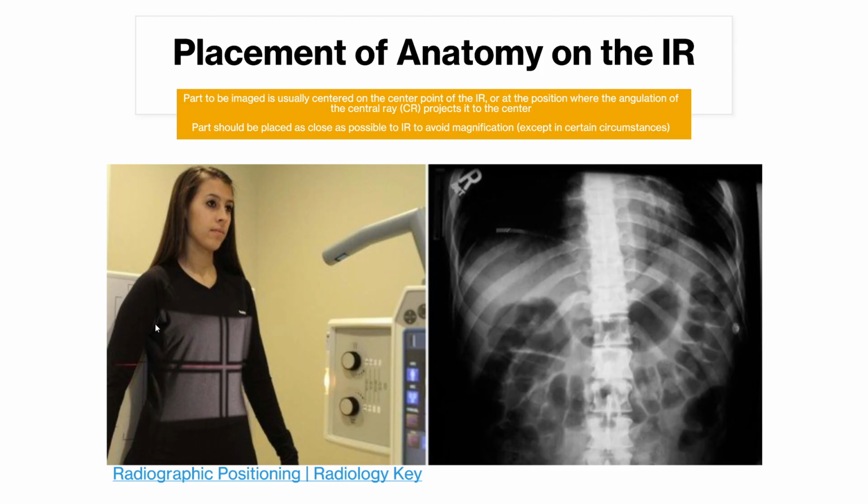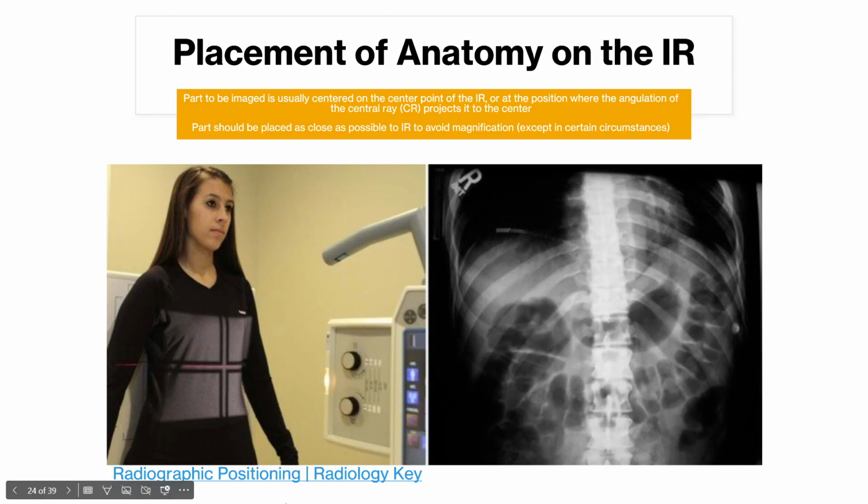But if we spin her around and have her face the imaging receptor, then she's standing P to A, posterior to anterior. Then her heart is as close as possible to that imaging receptor and will be less magnified than if she were in this position.